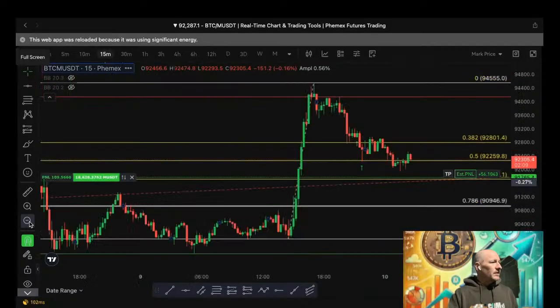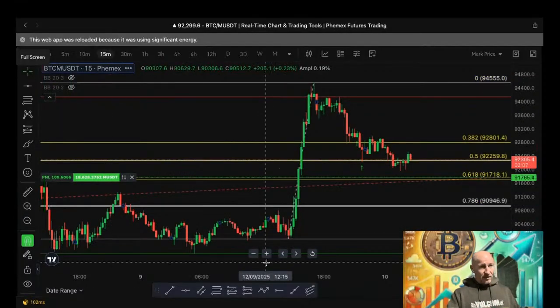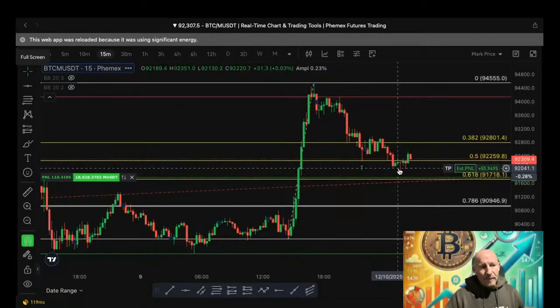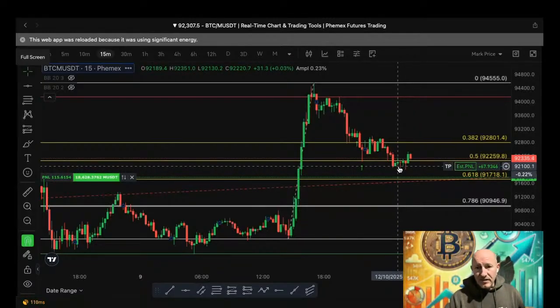So that looks like it could be maybe, right? So there's a lot of people that are, because you see these wicks right here, there's a lot of people that are entering long positions here because they think it's going to go higher.